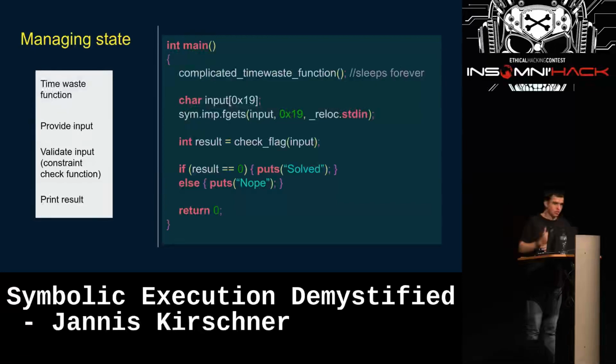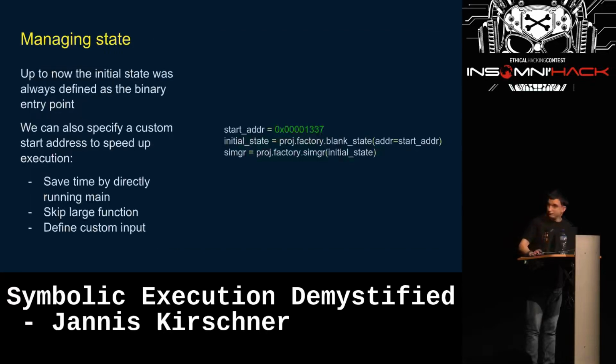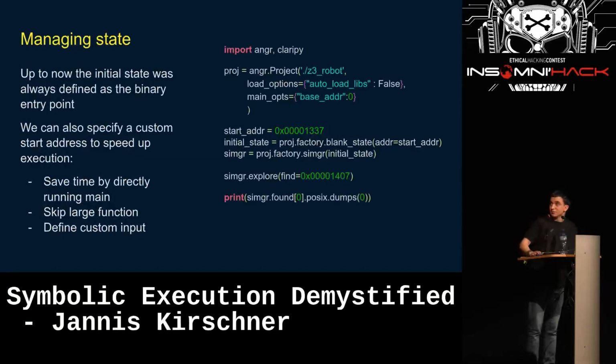So imagine there is lots of code in there, or long sleep functions, or something that's completely unrelated to what we actually want to explore. We can mitigate that by adding a start address where we want to start our symbolic execution. This is cool for functions that want to waste time, for bypassing glibc setup functions, or if you want to define custom input.